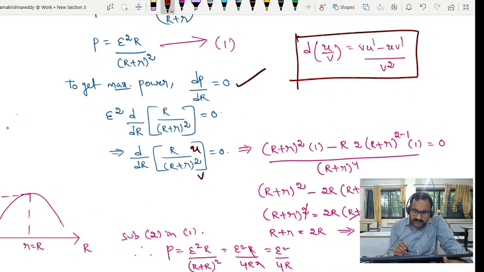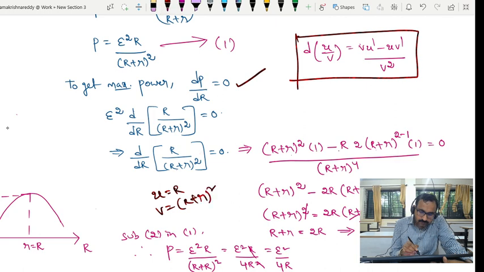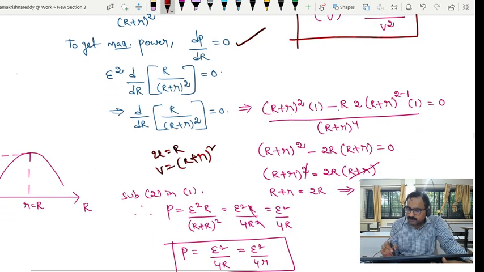So that is v into u dash minus u into v dash. Here u is equal to R and v is equal to R plus r. Indirectly, these are the two values we used there. See the calculation: cross multiplying here, 0 into anything is 0, and the remaining you write is R plus r whole square.